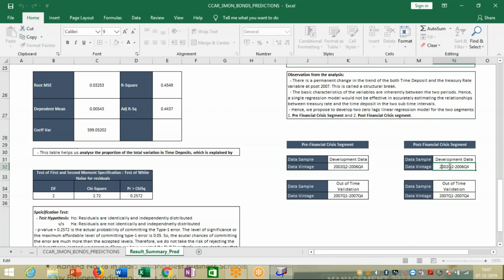So this will be coming from your 2008 Q1 till 2014 Q4.